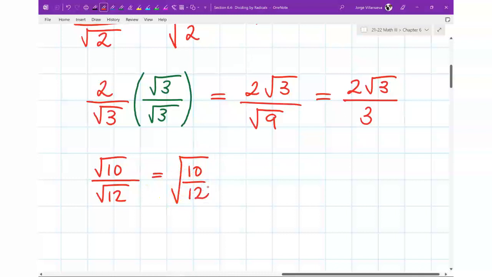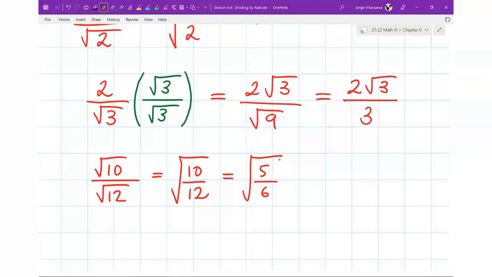And you say, okay, I'm going to simplify it. So 10 over 12, you can reduce it by 2. That becomes 5 over 6. But that doesn't have a nice square root. So how do you fix it? Once you have it in one big square root, you can break it apart again. So you can do it like this.